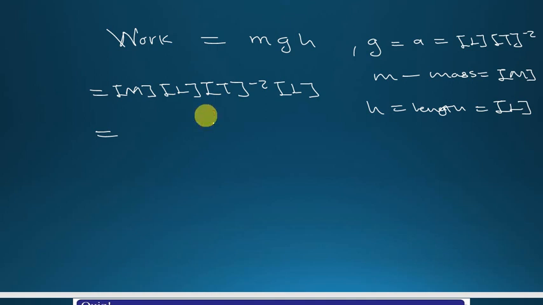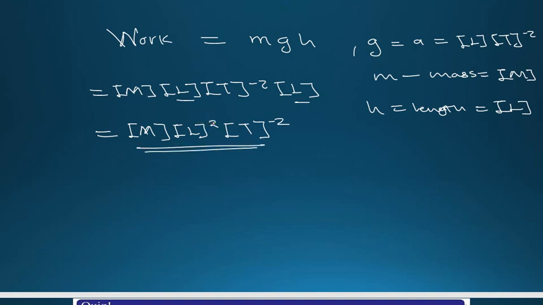As you can see there, L and L are multiplying out. L and L are like terms, so multiplying L times L, we are going to have L squared, then T to the power negative 2. These are the dimensions of work, which you need to know.